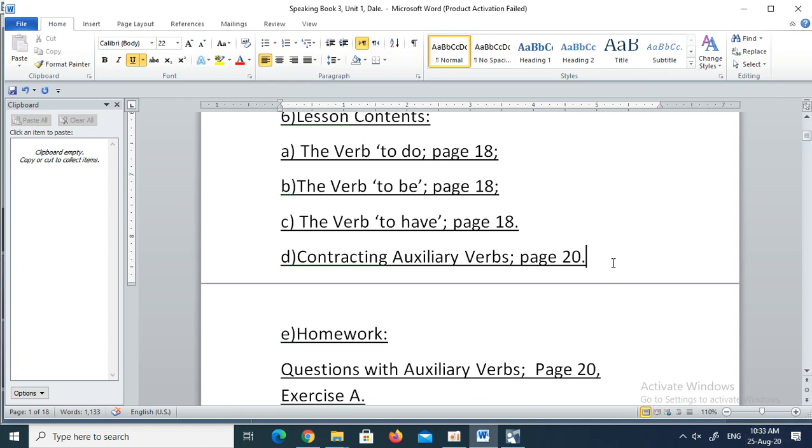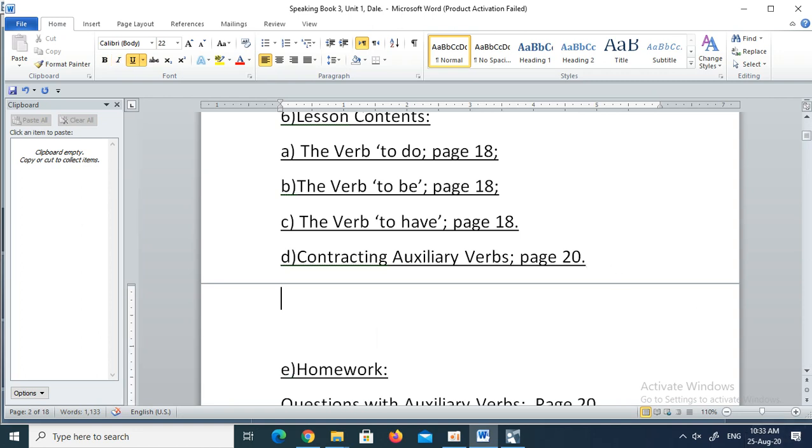Contracting means turning the long form into the short form. That is what we mean when we say contract. We take a long form and we turn it into a short form.